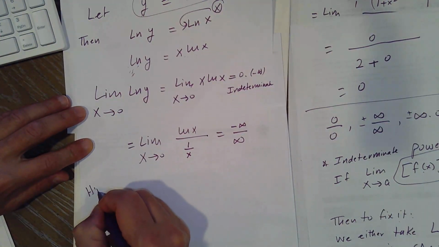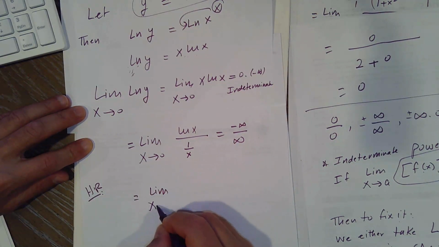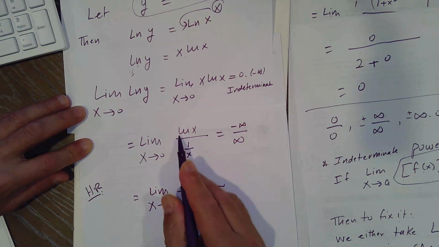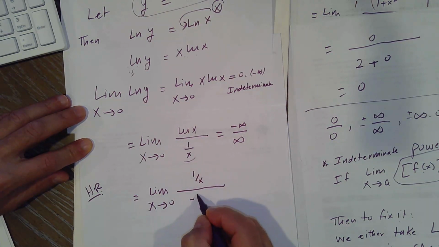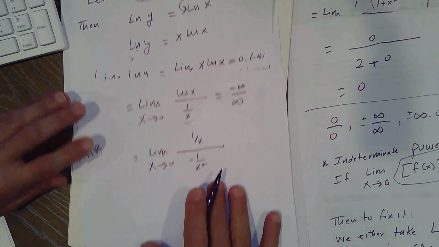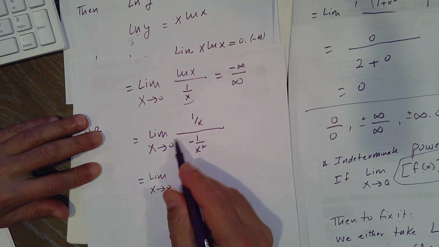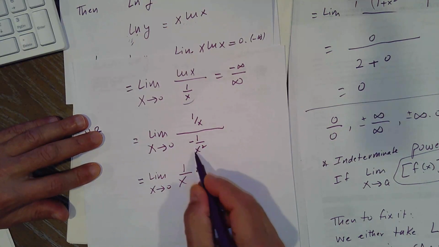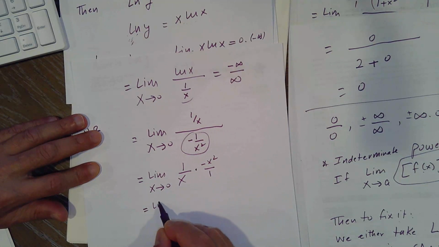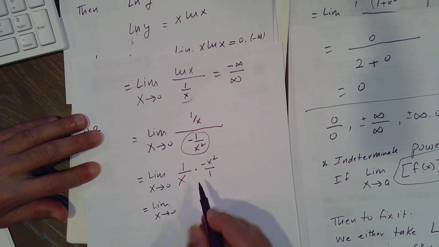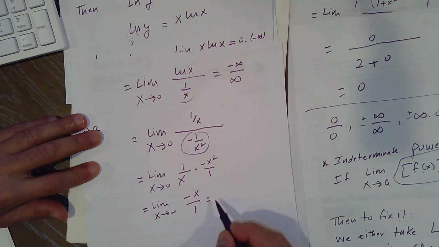The derivative of ln of x is 1 over x, and the derivative of 1 over x is negative 1 over x squared. Instead of dividing, we multiply by the reciprocal, which gives the limit as x goes to 0 of negative x over 1, which is 0.